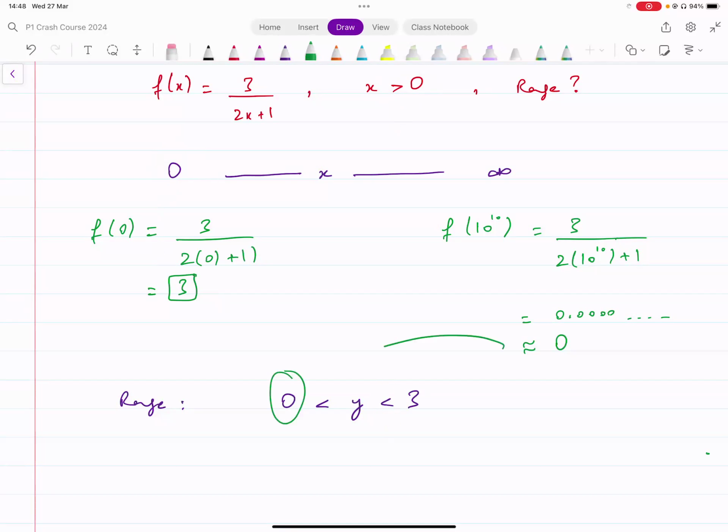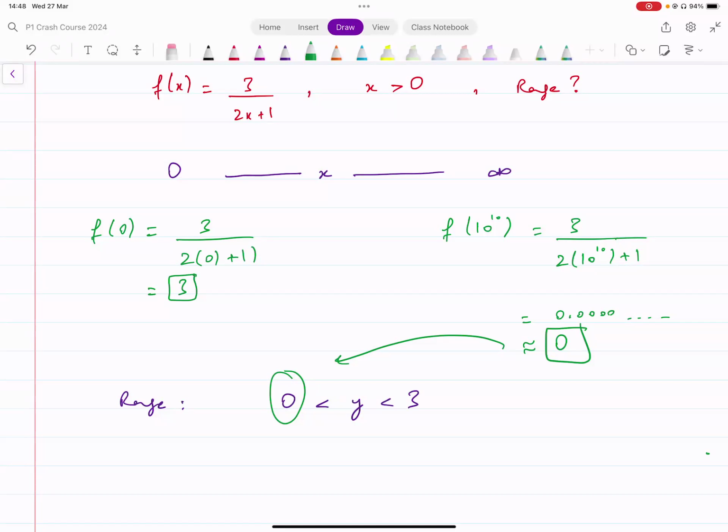What about 0? When the denominator becomes extremely large, this value is going to approach 0. It's not going to be exactly 0 because in the numerator we still have something. We have 3 over something. So that number is still going to be something. It's not going to be exactly 0. It's going to be extremely small.